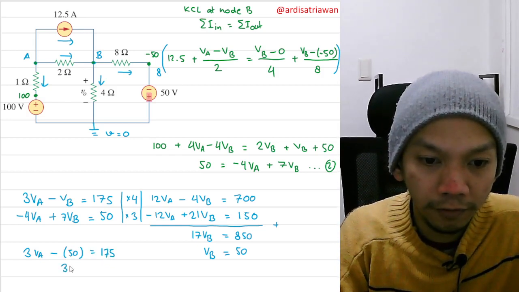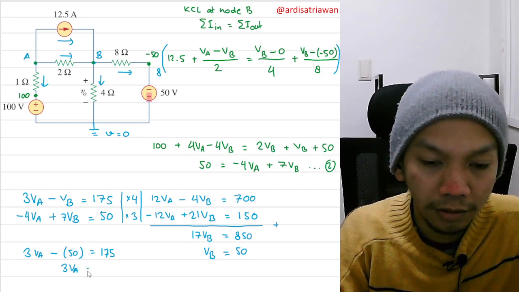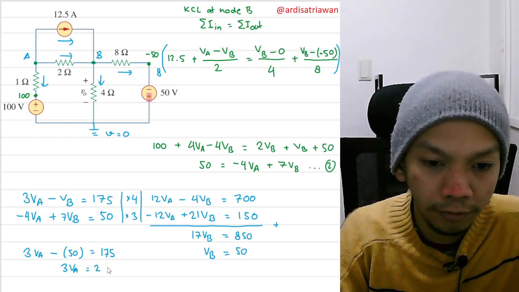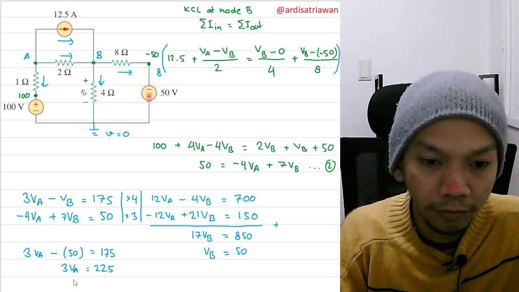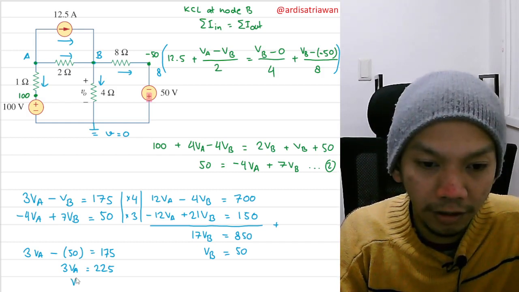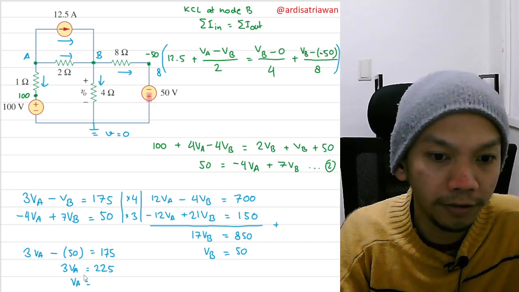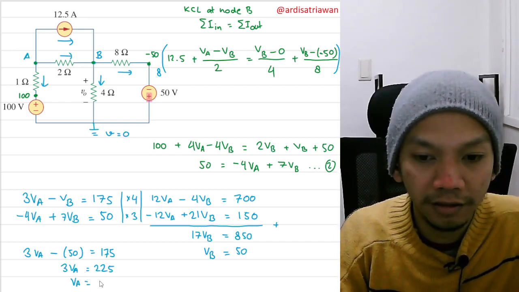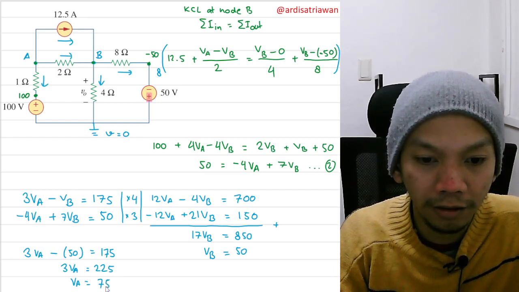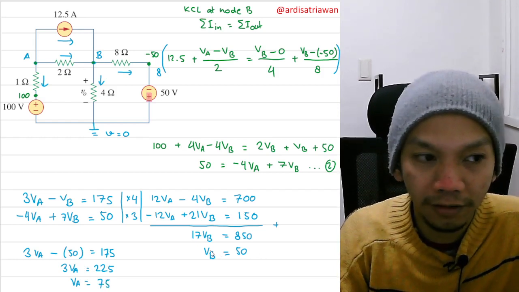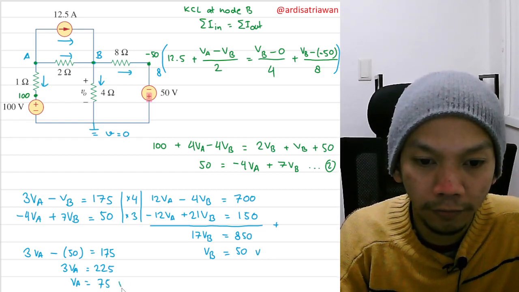Or I will have 3 VA is equal to 225. So maybe VA is equal to 225 divided by 3, and I think that will be 75. And remember the unit of the voltage will be volt, and this also volt.